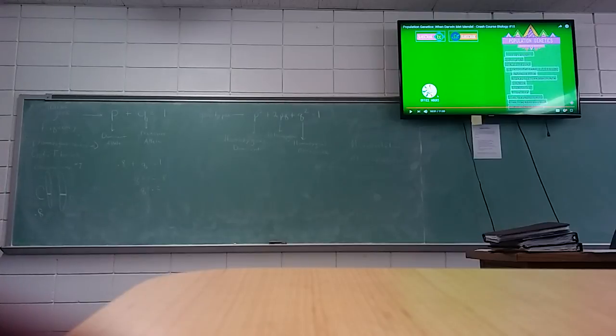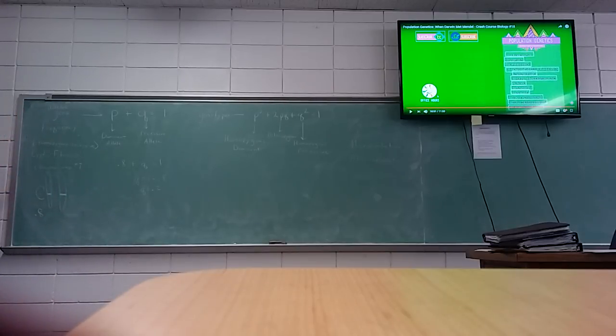Now if the question told us that 0.8 of the alleles in a population were dominant for the healthy gene in cystic fibrosis, and it asked what percentage of the population has recessive alleles, then you would just say 0.2 or 20%.